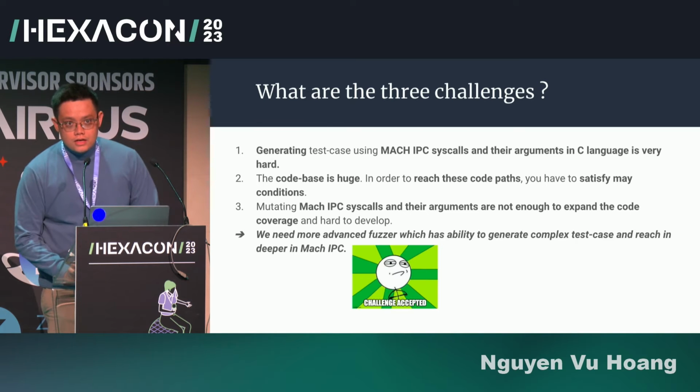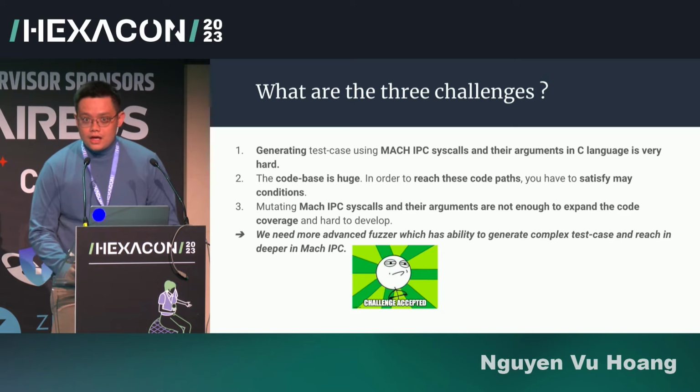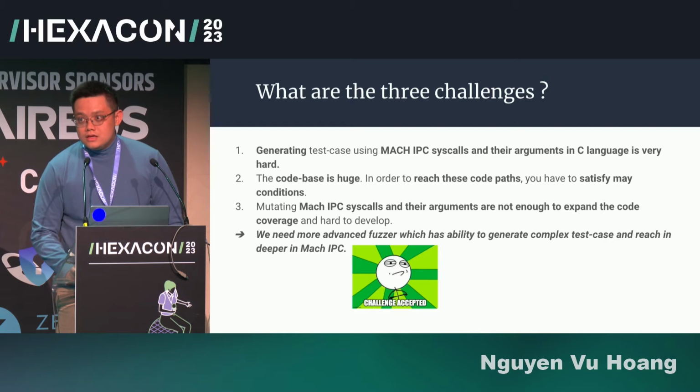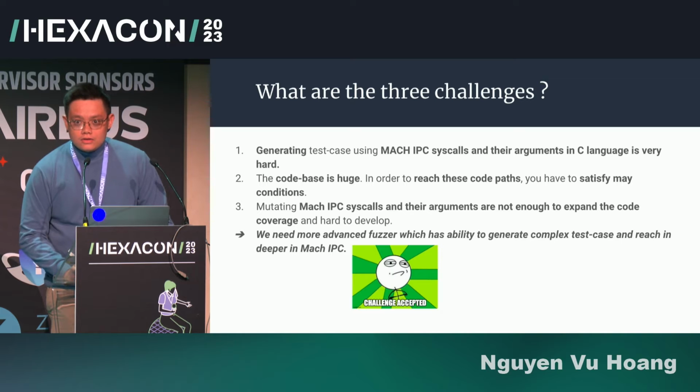In order to interact with the Mach IPC subsystem, I had to write a simple C program using Mach IPC syscalls, so my fuzzer had to generate a C file automatically to interact with it, and it's very hard to develop.